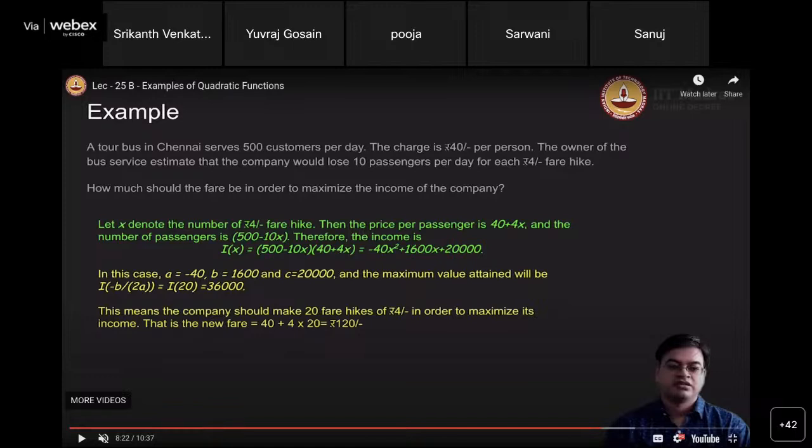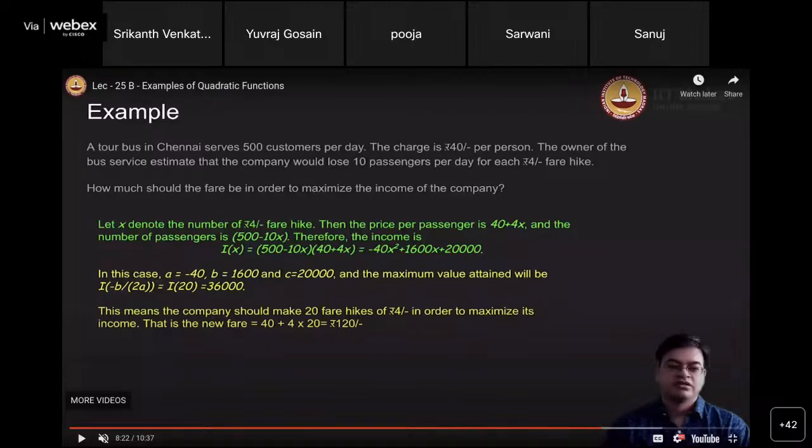So how much should be the fare? Compute minus b by 2a. If you compute minus b by 2a, you will get 20. What does 20 mean? You have to increase the fare 20 times. You have to do the 4 rupee hike 20 times. That means this company should make 20 fare hikes of 4 rupees in order to maximize its income.